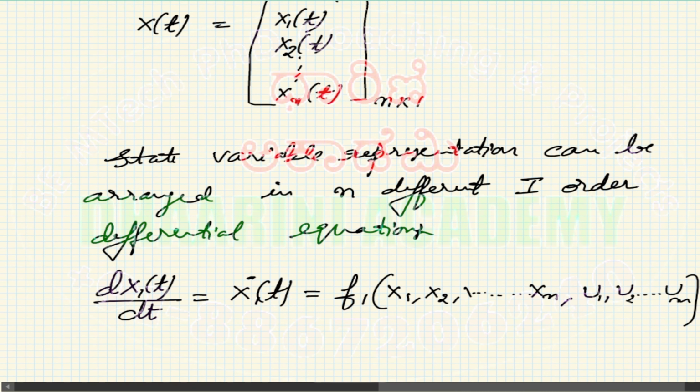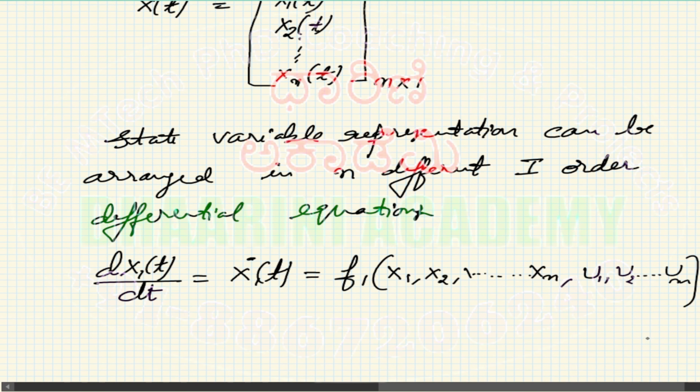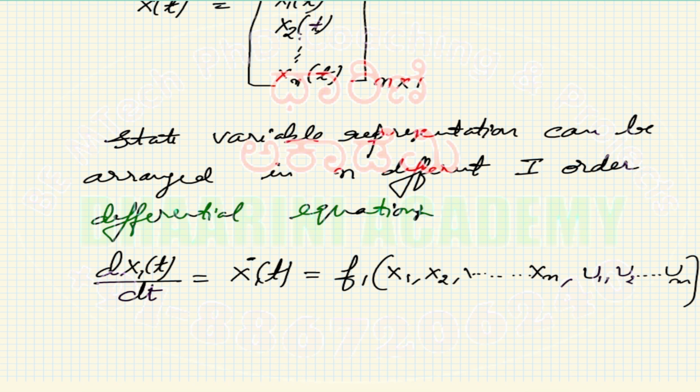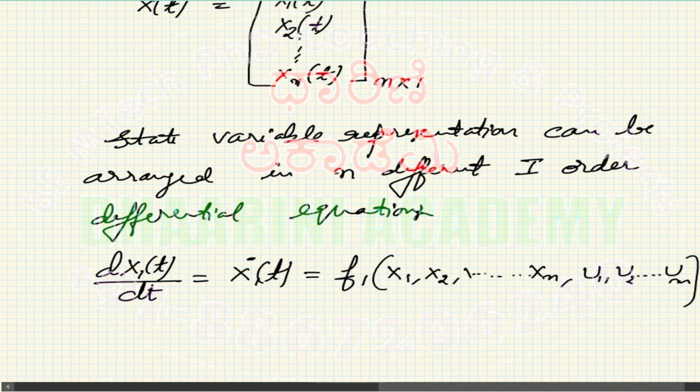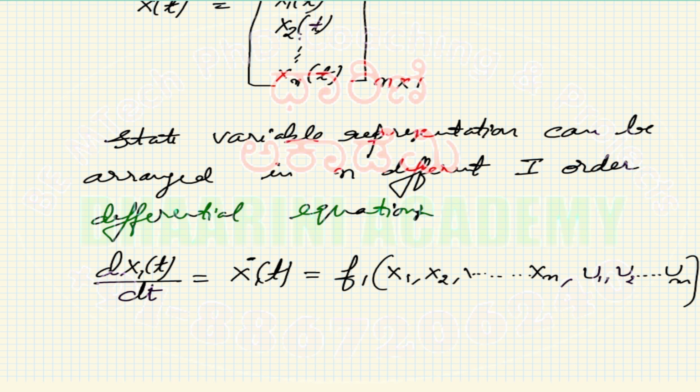Do you need any explanation for this? Why are you writing x1, x2 up to xn, and u1, u2? The current value of the voltage across a particular capacitor is my x1. Assume that voltage may depend upon all the other capacitors and inductors. That's why x2, x3, up to xn come into the picture.